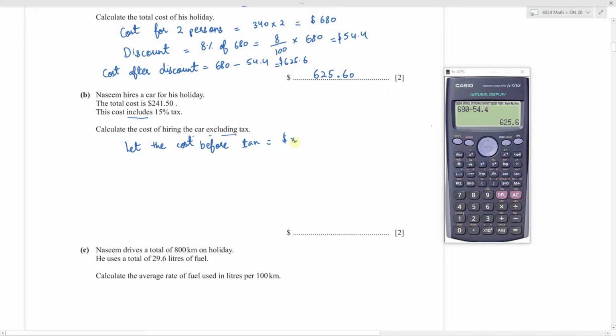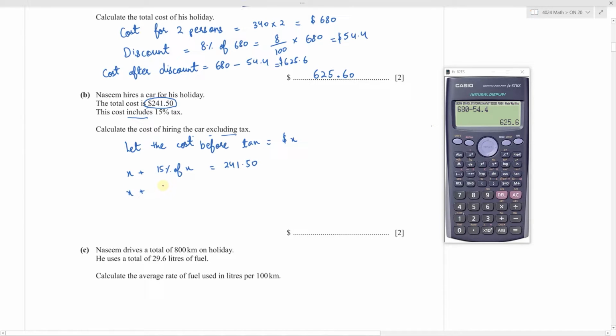So if your cost is X dollars, then you add a 15% tax to it, then you get the total cost, which is $241.50. So you have X dollars plus 15% of X, which is the tax, and that should equal the total cost, which is 241.50.